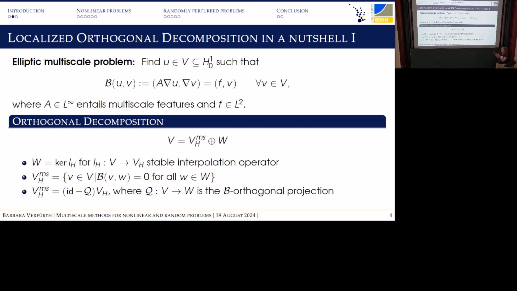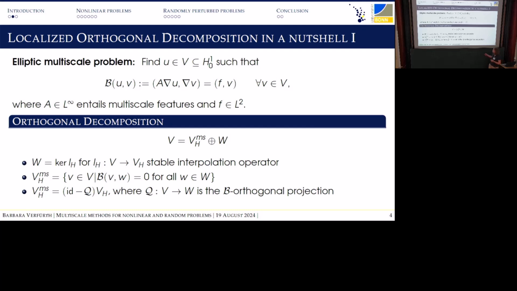And the name of orthogonal decomposition goes down to the fact that we try to decompose ideally our solution space V, so imagine H10 here, into two spaces and orthogonally with respect to the energy product induced by this bilinear form B here. And how do we construct the two spaces?